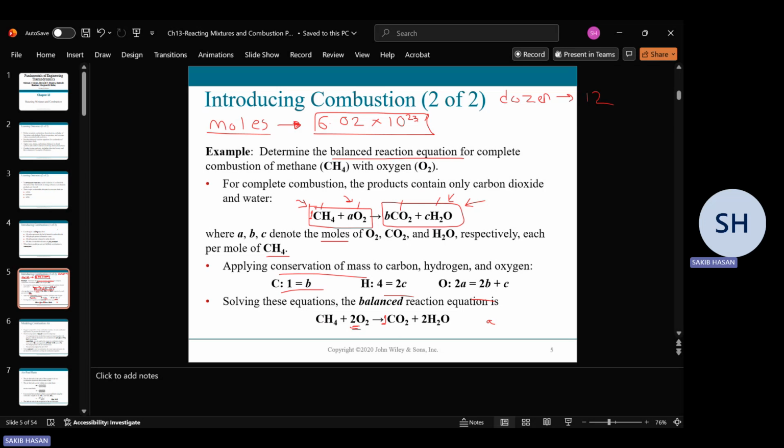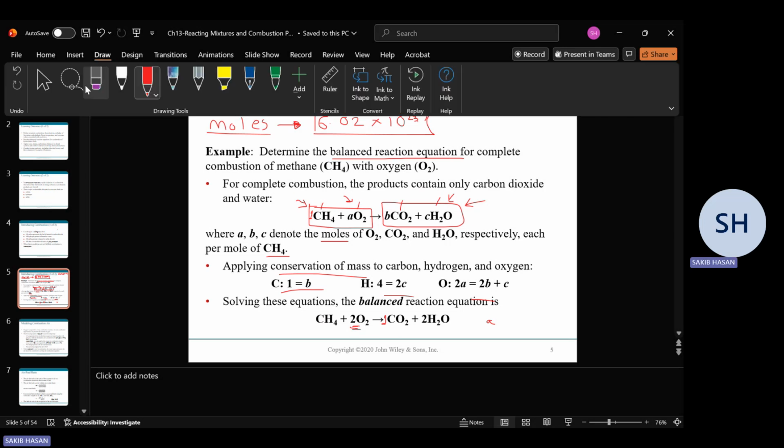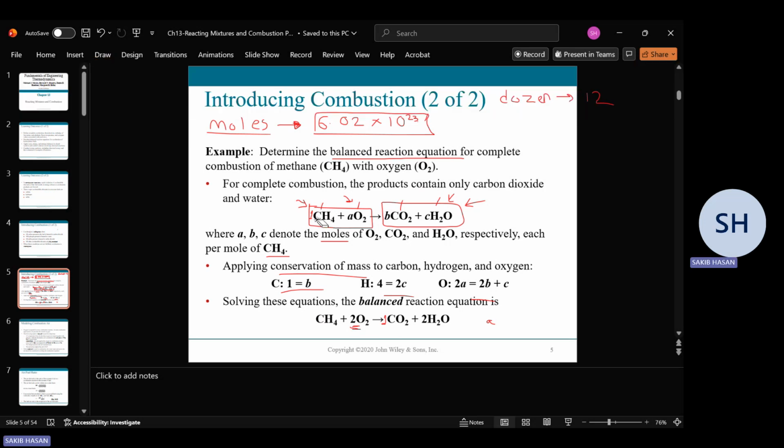So you can use these principles to then use algebra to find these values of A, B, C, and if you have a larger reaction, you can find it for other compounds as well. So this is useful because it lets you know the ratios between the reactants and the products, which will be useful later on when we're performing calculations.